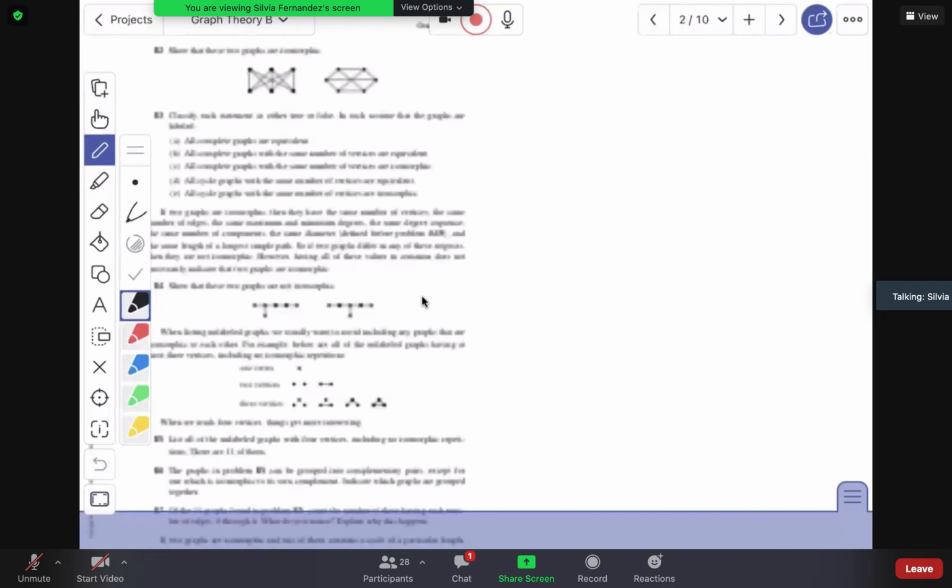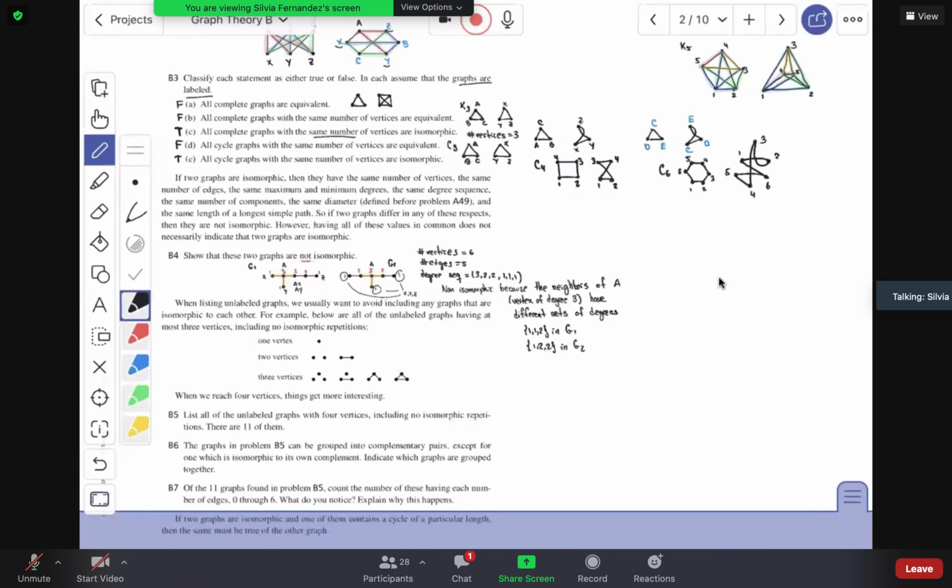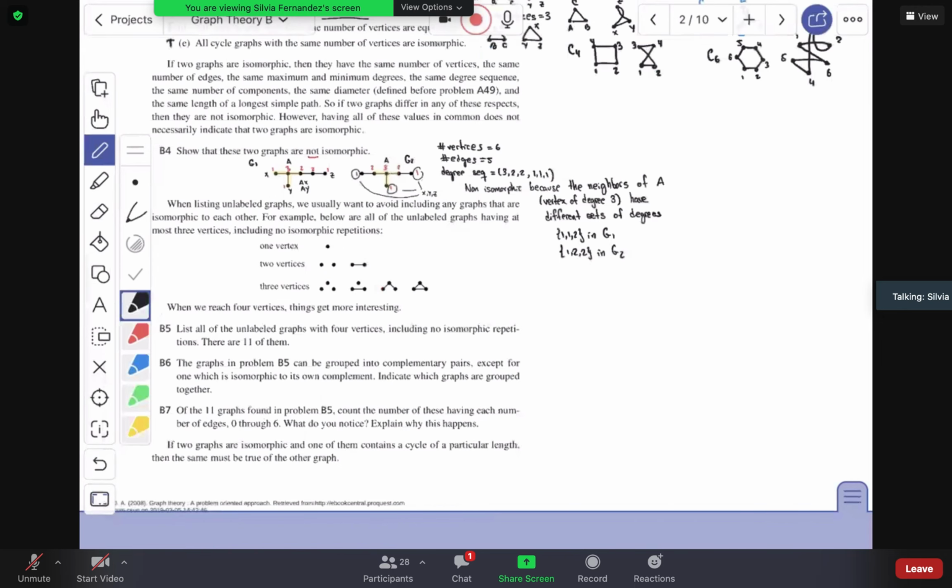This is where we were last time, section B, the isomorphism section, and now we essentially have to practice. How do you prove that two graphs are isomorphic or that they're not isomorphic? If they're isomorphic, you have to show the labeling: relabel the vertices of at least one of the two graphs so that they become equivalent.